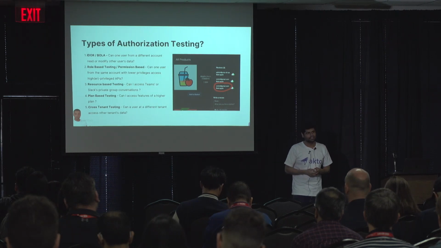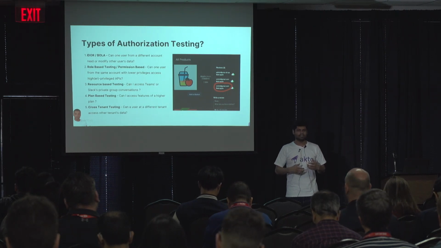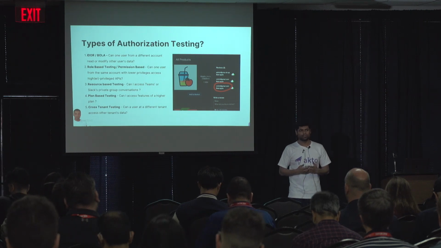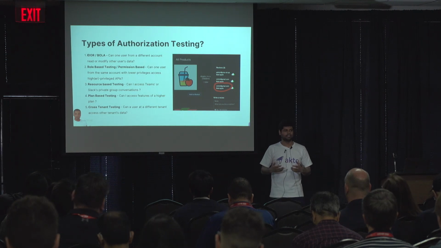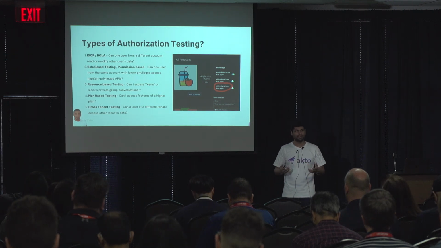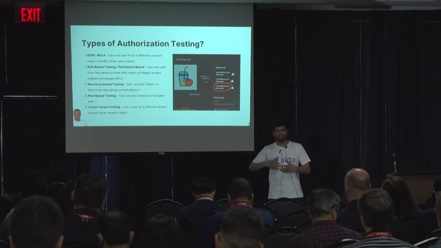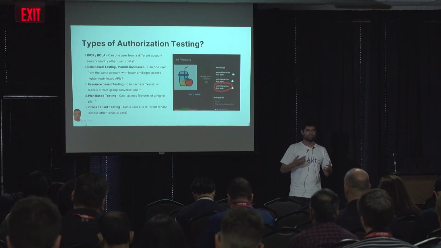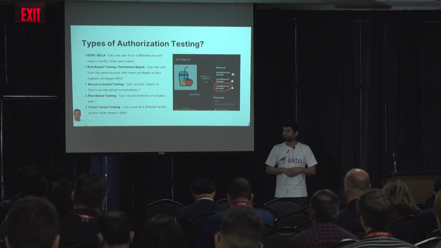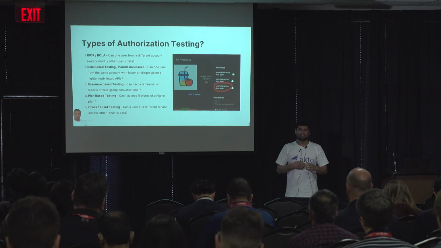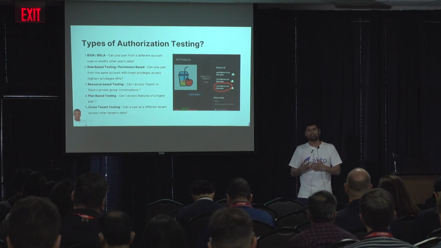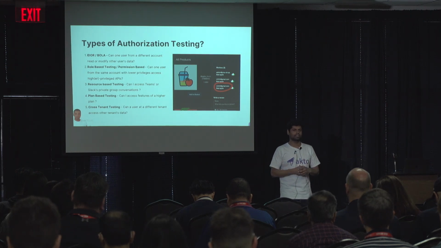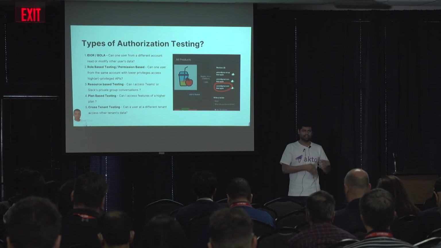Plan-based testing. This is interesting. Typically, and especially with a lot of consumer and business-facing apps, a lot of the apps have tiers. You have a free plan, you have a business plan, you have an enterprise plan, and so on and so forth. And each plan has more features than the previous one. If an enterprise plan offers unlimited usage or unlimited users being a part of your account, you wouldn't want that to happen in a lower plan.